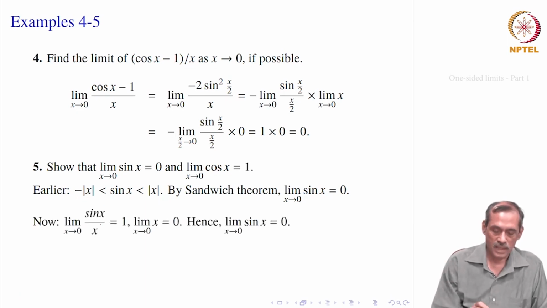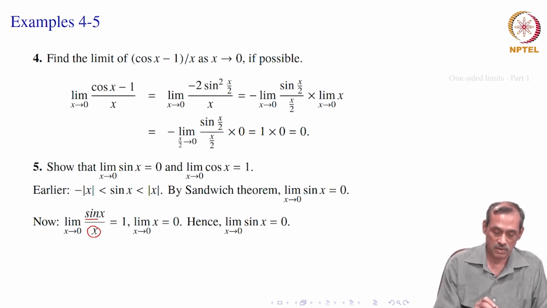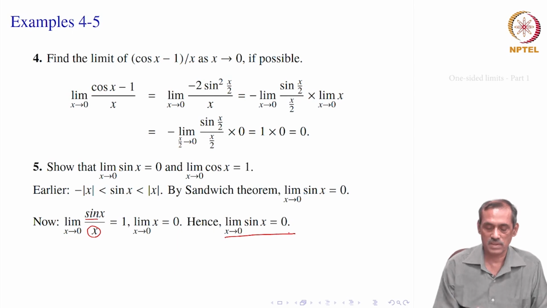The limit of sin x by x is equal to 1, that we know. The numerator is sin x, and the limit of x, the denominator, is equal to 0. As our earlier result says, if the denominator limit is 0 and the limit of the ratio exists, then the limit of the numerator must also be 0 at that point. So we can conclude directly that the limit of sin x equals 0.